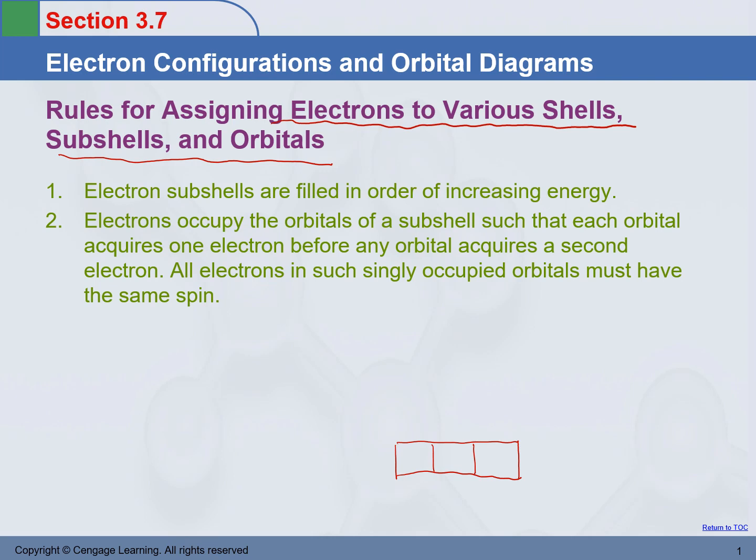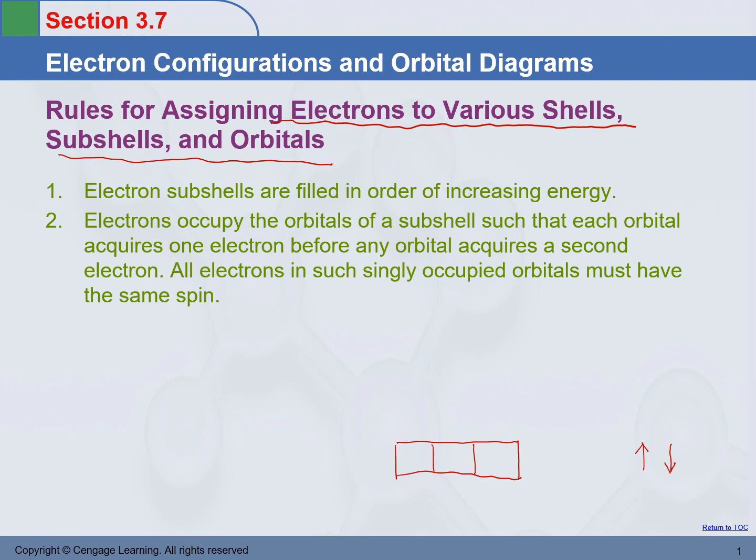I'm going to use an arrow, pointing up or pointing down, to represent the electron, to tell you the 2 electrons may take different spins. So the arrow direction tells you the direction of spin, either counterclockwise or clockwise.